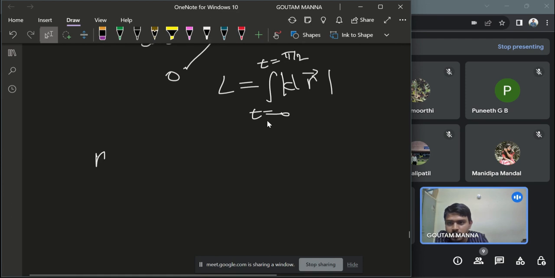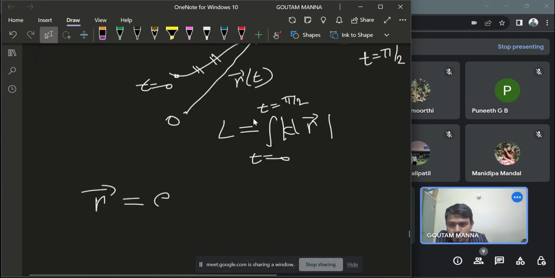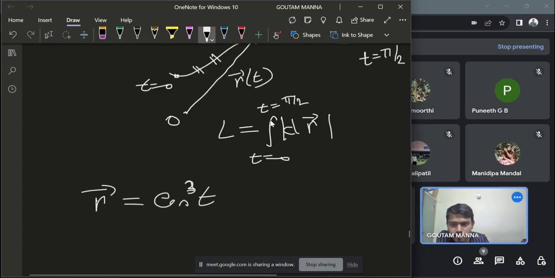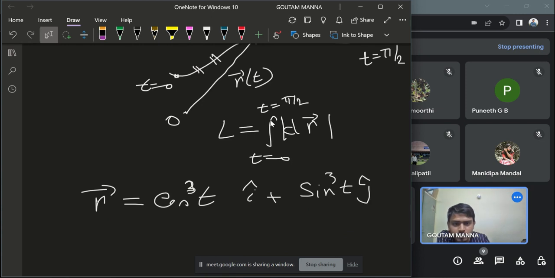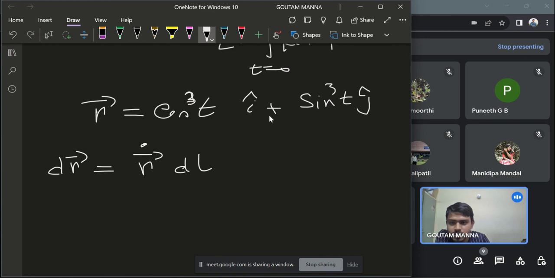So r is basically cos cube t i cap plus sine cube t j cap. In that case, the dr vector will be r dot times dt.